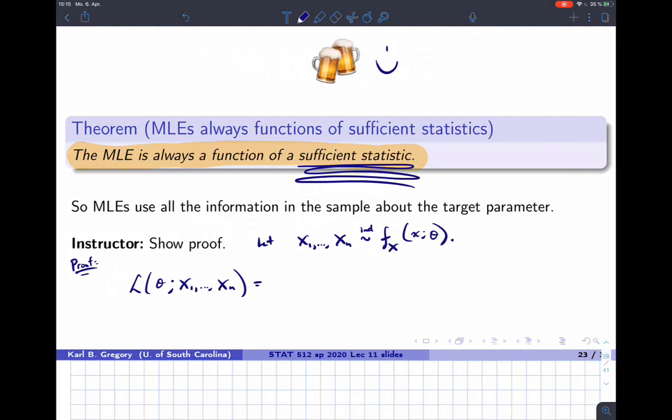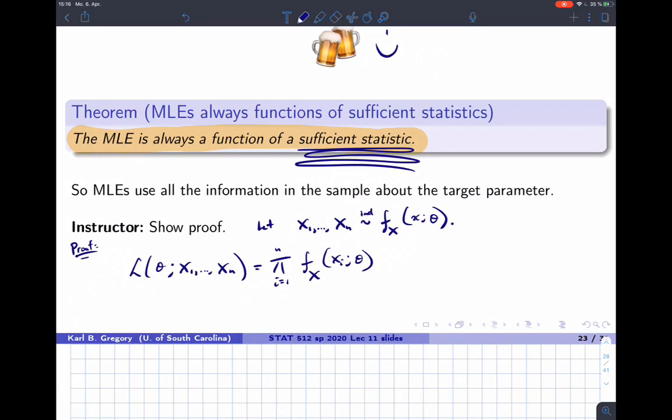Okay, then the likelihood function, remember, is given by the product of these marginal PDFs at the xi's. Okay, now what we also know is that since x1 through xn are independent and all have the same distribution, this product of the marginal densities is the same thing as writing down their joint probability density function or joint probability mass function.